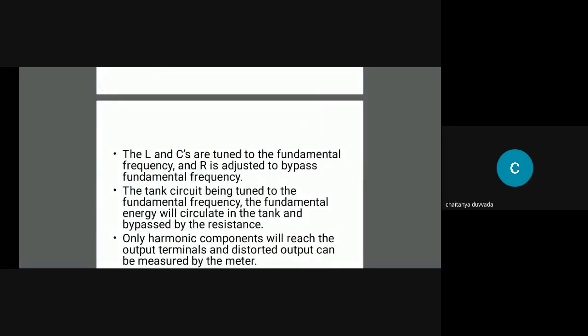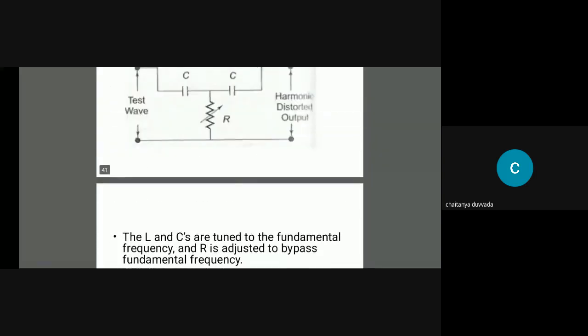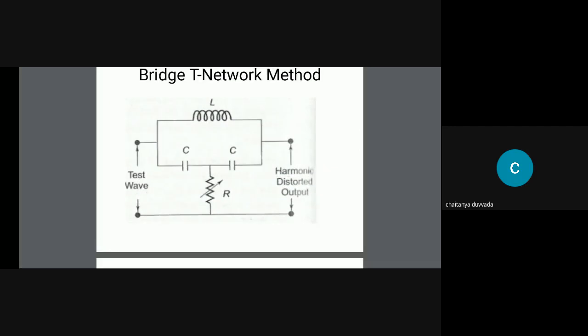By this circuit, we have to explain the following points. The L and C are tuned to the fundamental frequency, and R is adjusted to bypass fundamental frequencies. This means initially, in any instrument, we have to give some input. That input, in this situation, is the test wave.